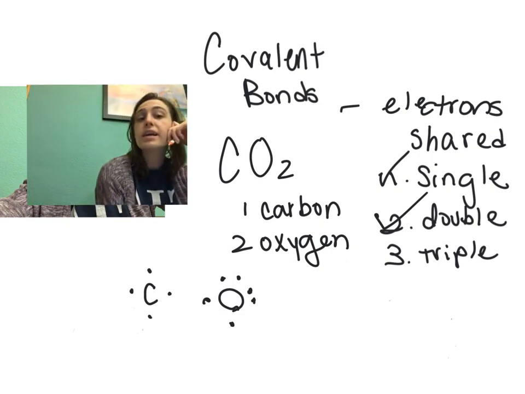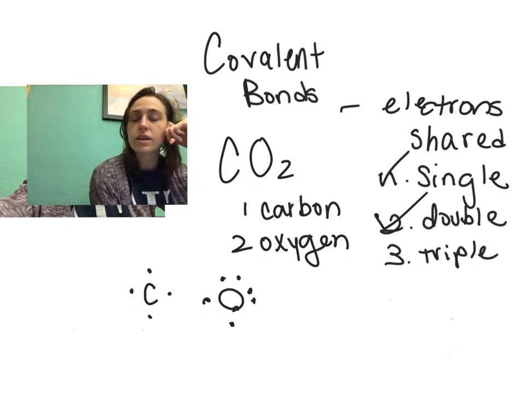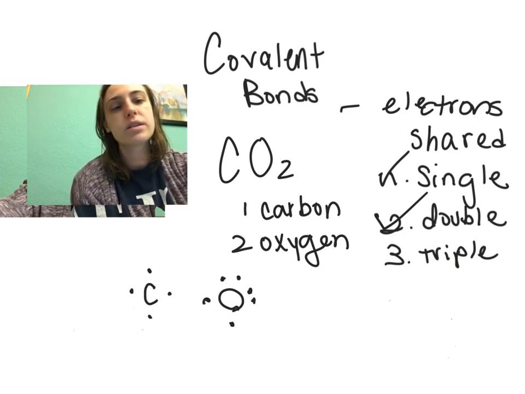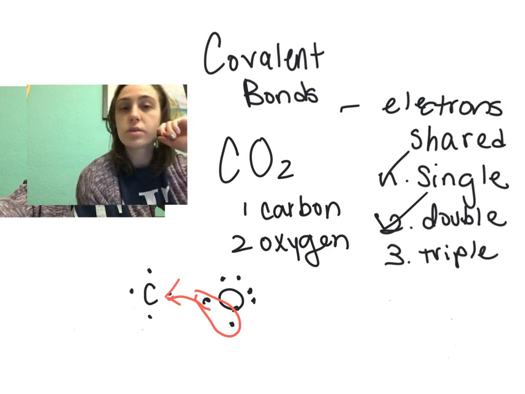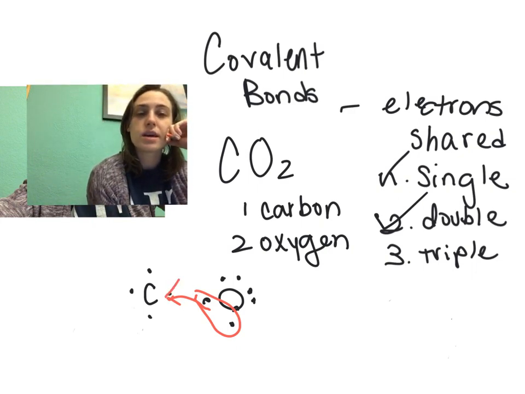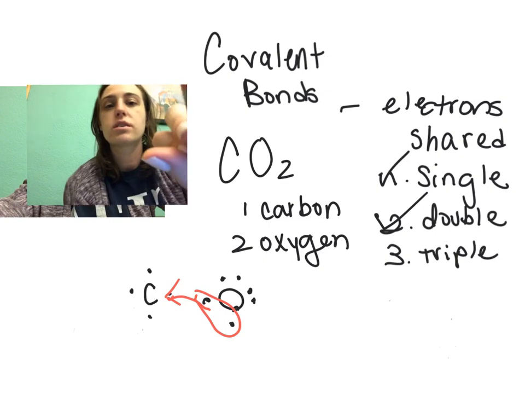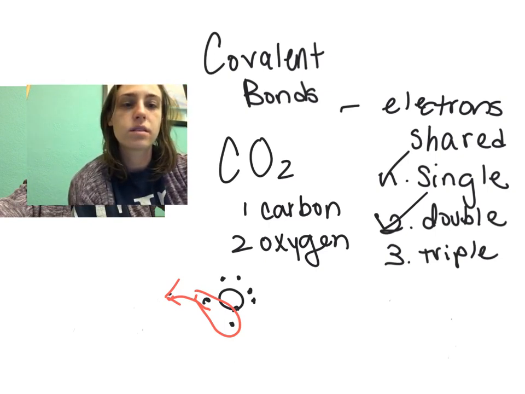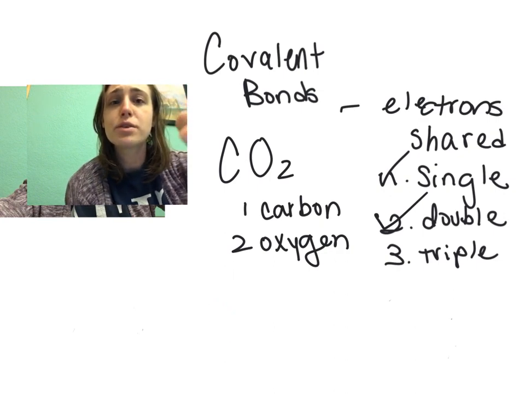Now notice it needs 2 more electrons to fill its valence shell. So what's going to happen here is I'm going to take these 2 electrons and share them with carbon. So instead, I'm going to get something that looks a little bit different. So the end result is going to look like this. I shouldn't have erased carbon, I'm sorry. It's a little bit confusing, but that's okay.